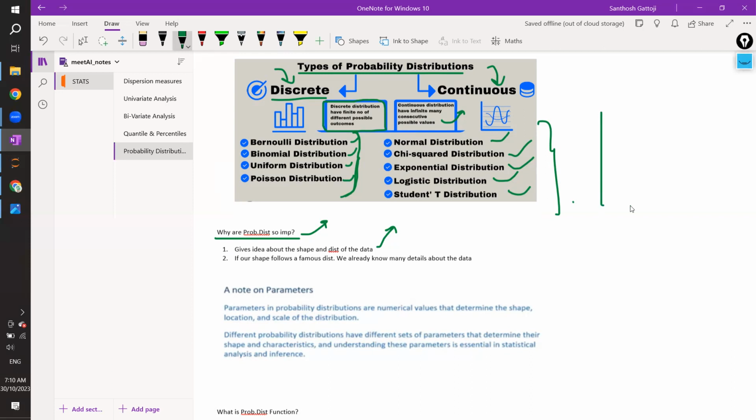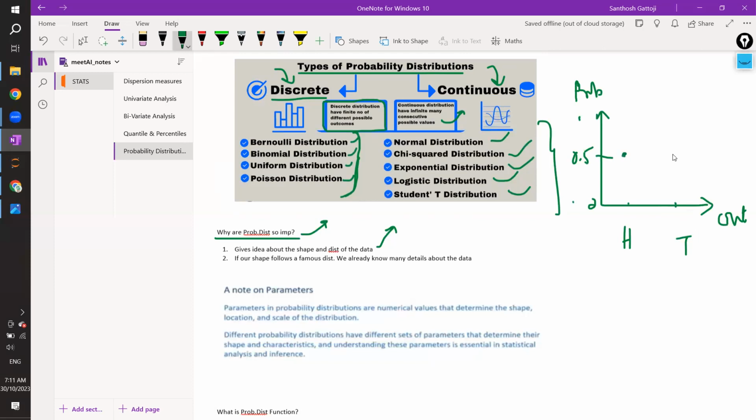For example, if you see over here, the random experiment is heads and tails. On the x-axis you will have possible outcomes, and on the y-axis let's say you are having the probabilities. Here it is 0, here it is 0.5. Maximum probability is 1. If you have heads, tails, and it's a fair coin, what is the probability of heads? 0.5.